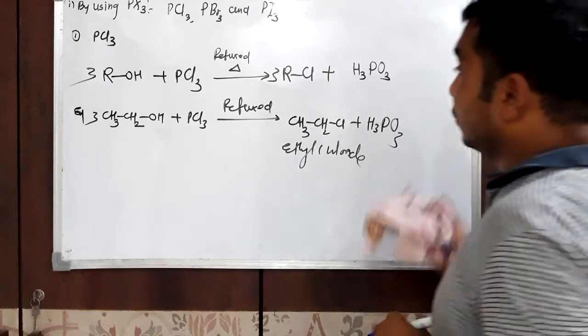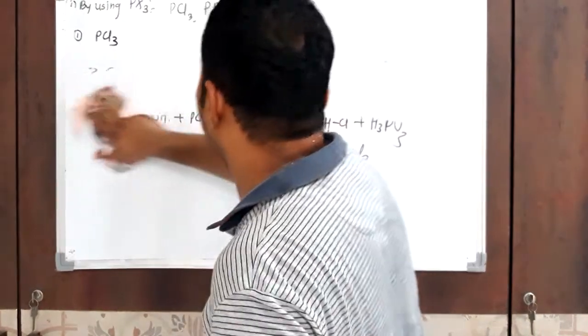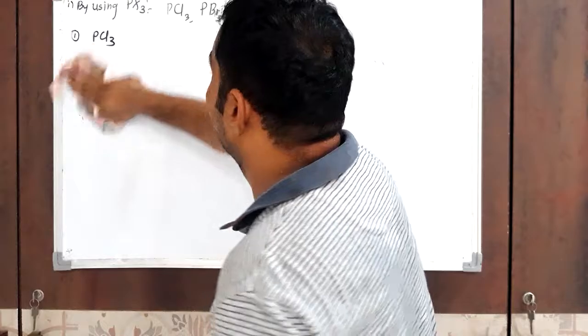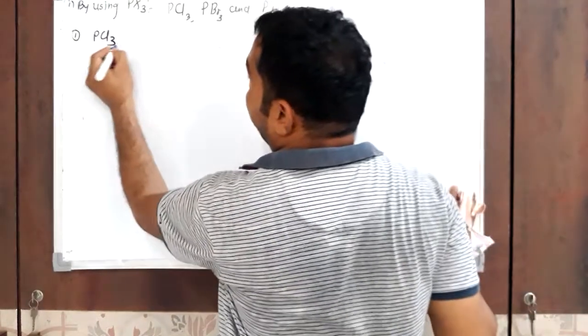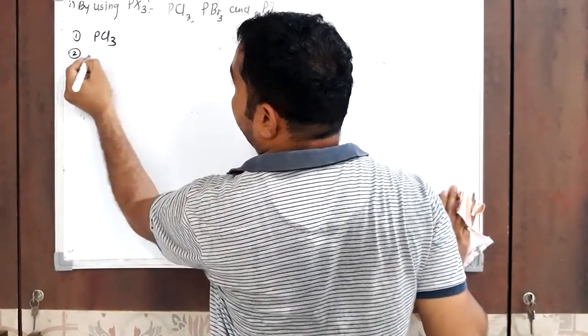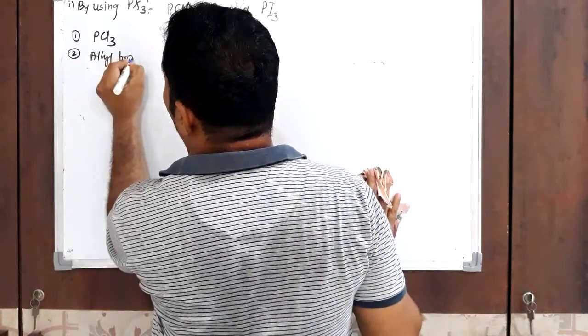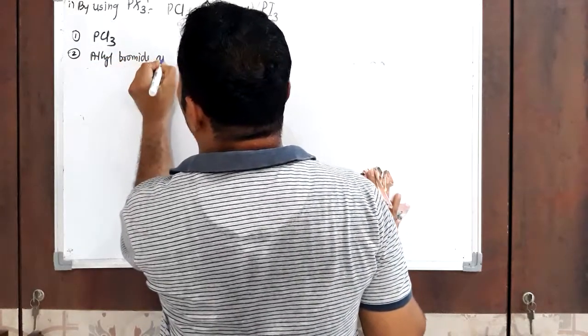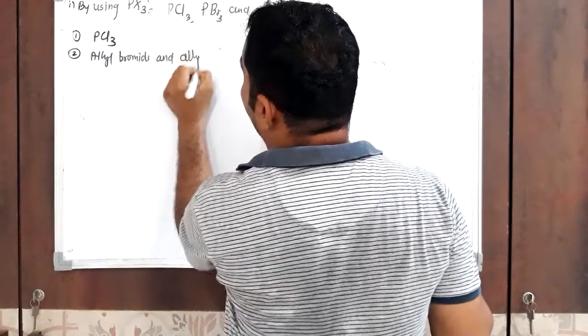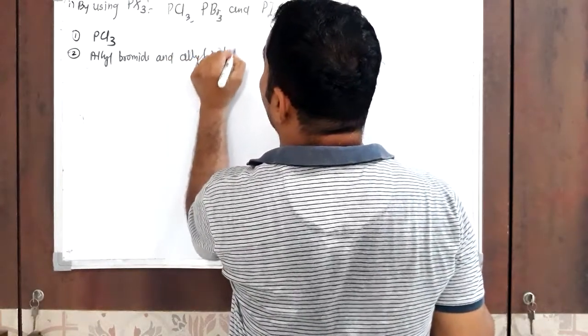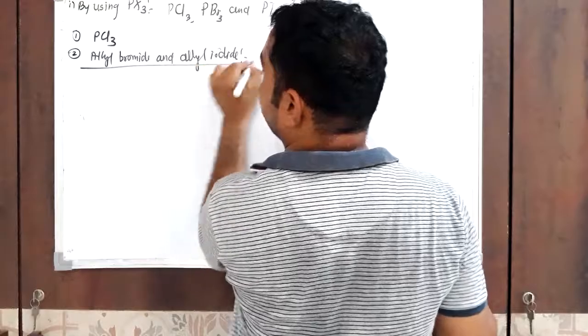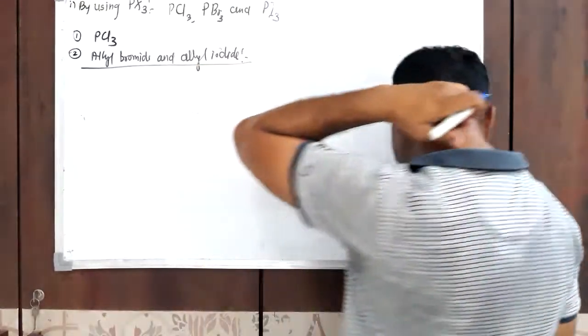Now if you want to prepare alkyl bromide and alkyl iodide, then what do we have to do?